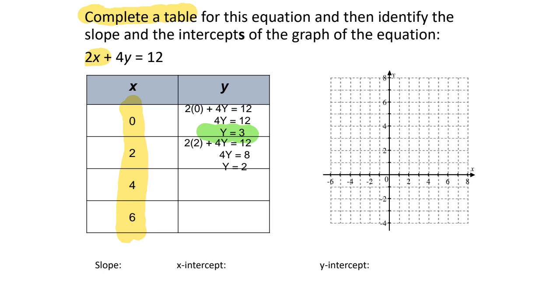So my second value in the y column is coming to be the value 2.